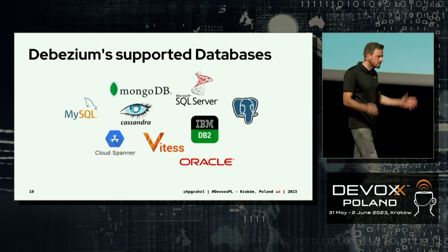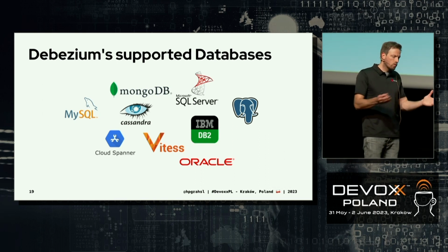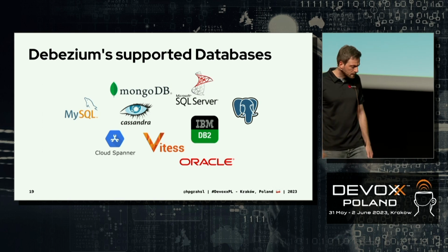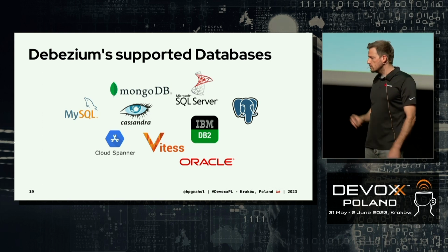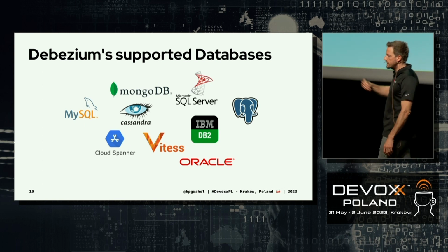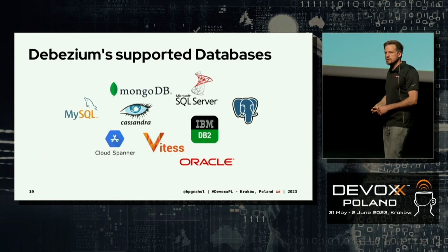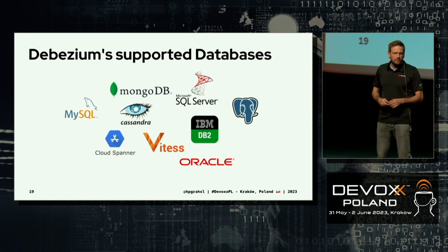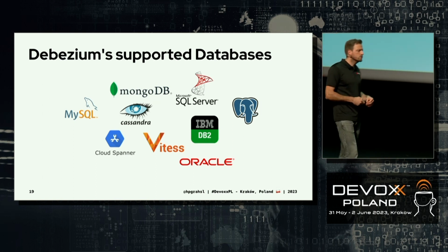The other 6 are generally available or production ready, so to speak. And so we can do that change data capture thing, taking data out of those, and then continuously listen to any changes that are happening with all those databases that are on this slide using Debezium.